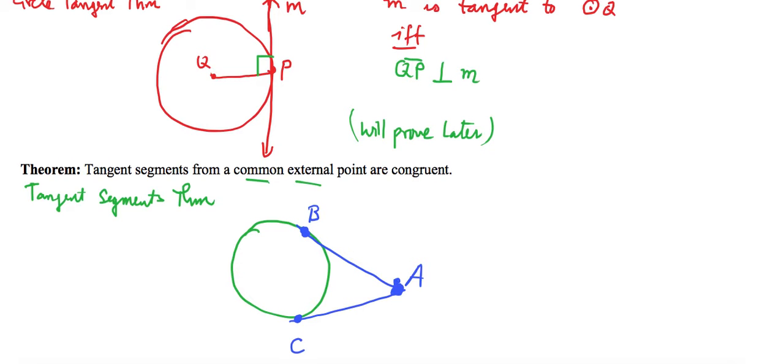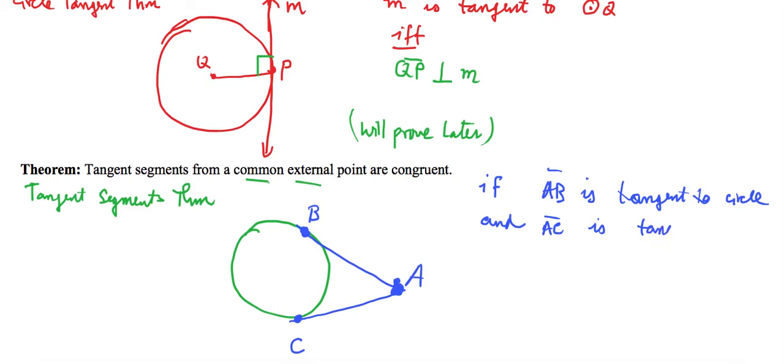Let me rephrase it another way. If AB is tangent to the circle and AC is also tangent to the circle, then those two line segments must be equal to each other.